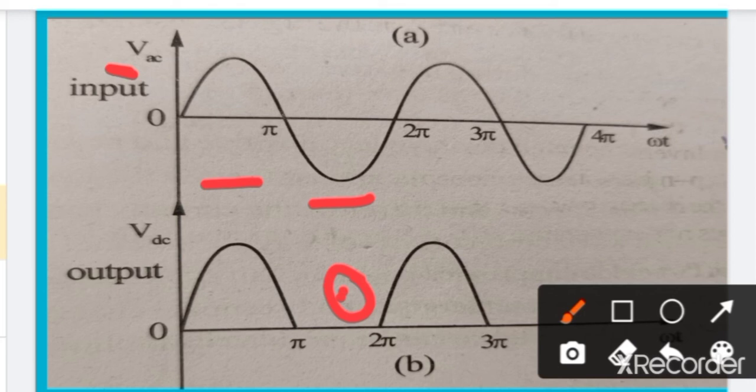So there is no flow of current and no conversion, so we obtain discontinuity in the output. Why it happens like this, we need to calculate.